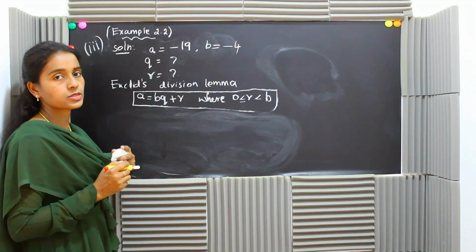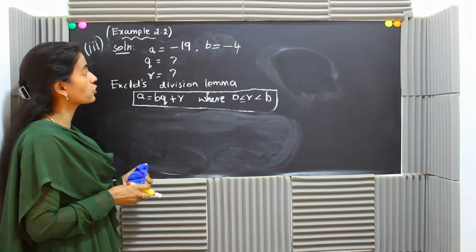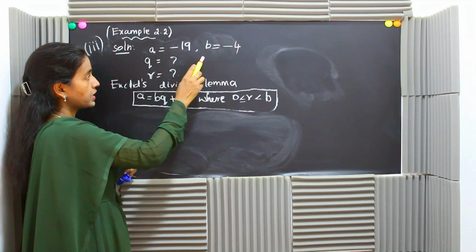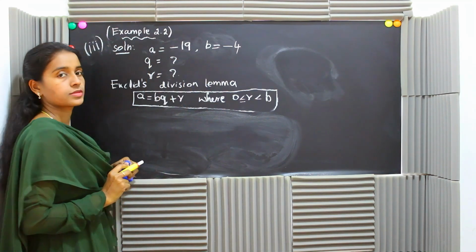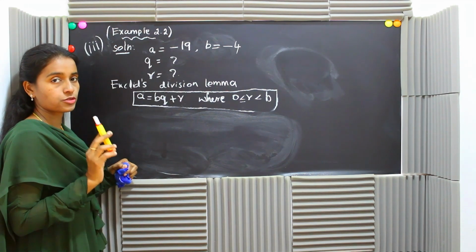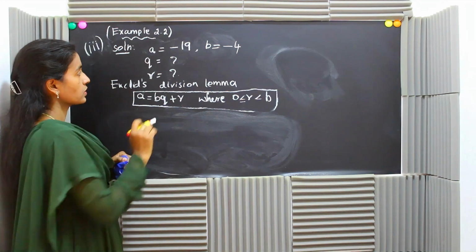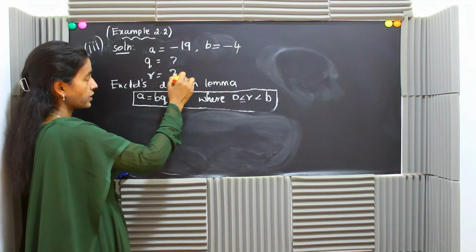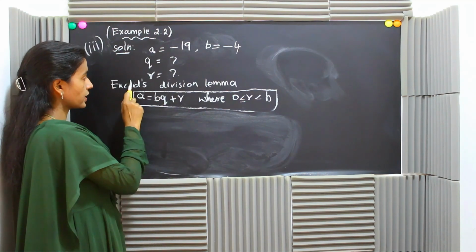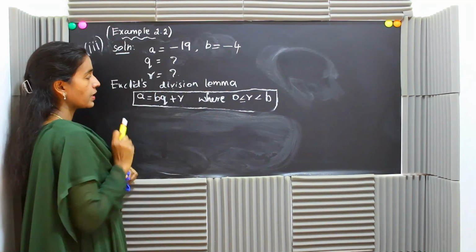Now for the solution for the third sub question, we have A equals minus 19, B equals minus 4. Okay. So the quotient should be plus, right? Quotient should be a plus value. We need to find out quotient and remainder. Here I have written Euclid's division lemma.